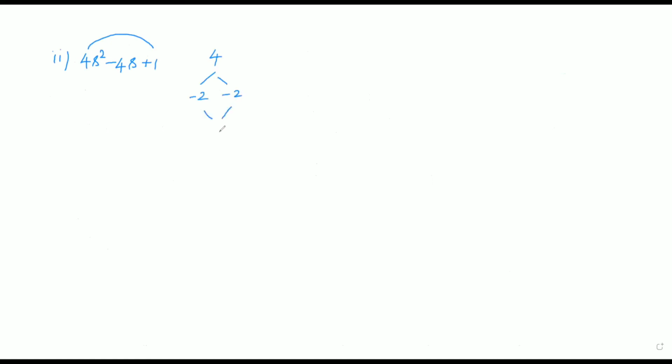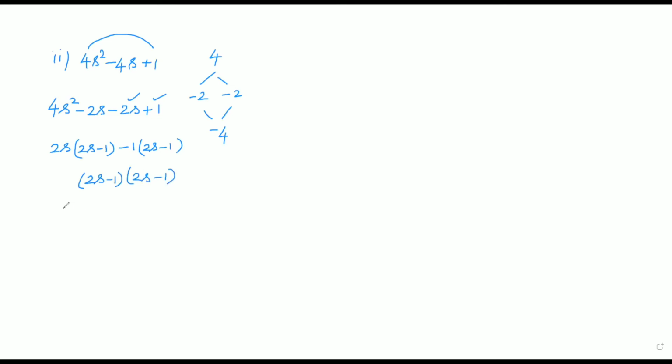And when you add both, you get minus 4. So 4s square minus 2s minus 2s plus 1. You can take 2s commonly out, and that's how you get 2s minus 1. And from the third and the fourth term, take minus 1 commonly out, you get 2s minus 1. Now take 2s minus 1 commonly out, you get 2s minus 1.